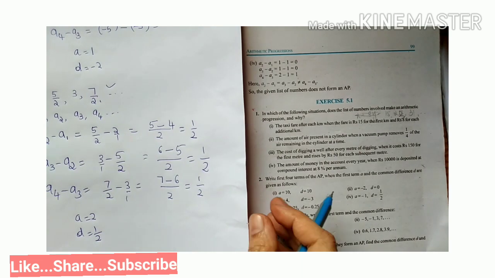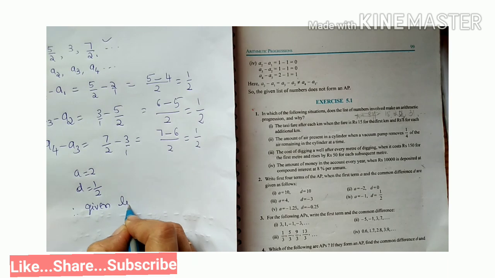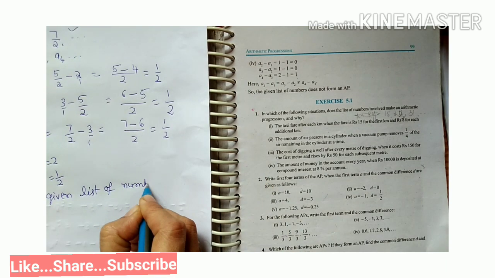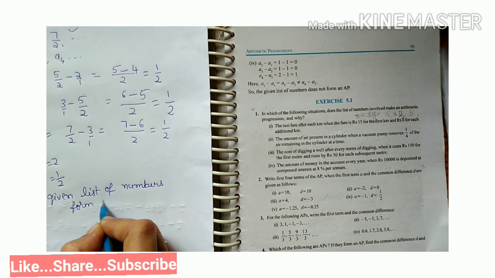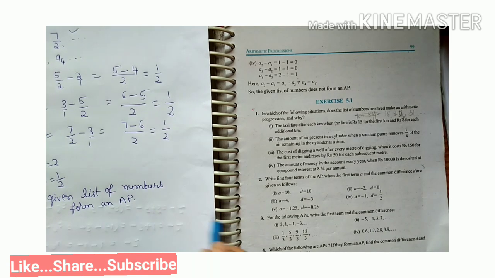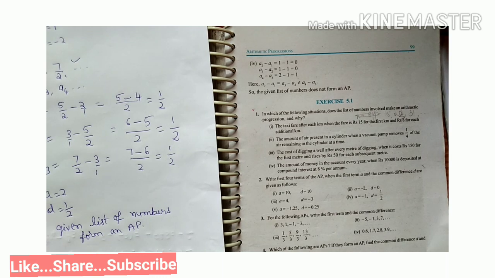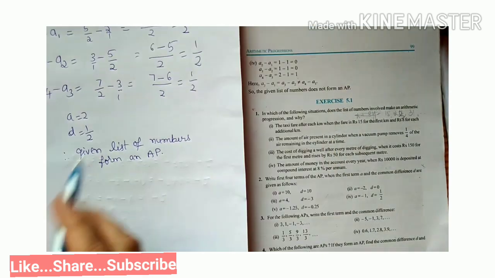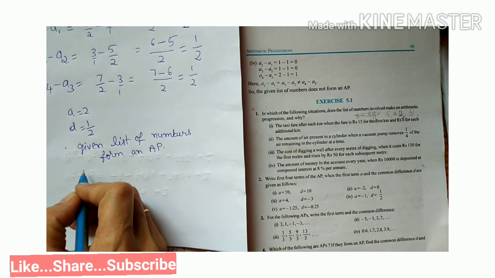Therefore, the given list of numbers forms an AP. Next two terms: here we have to find the next two terms, A5 and A6.